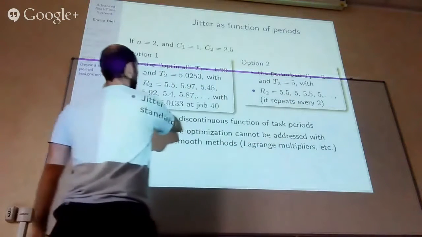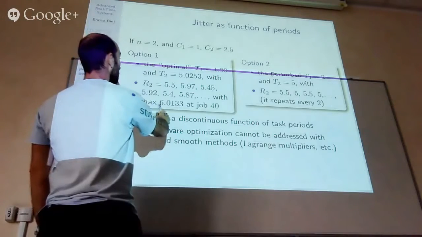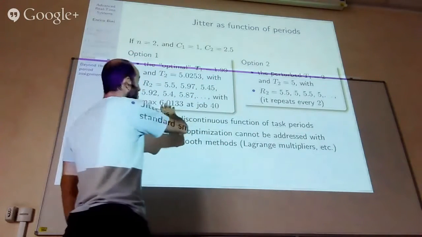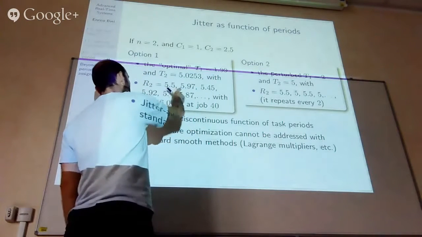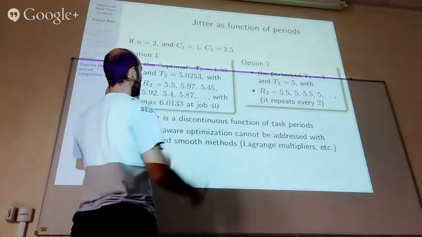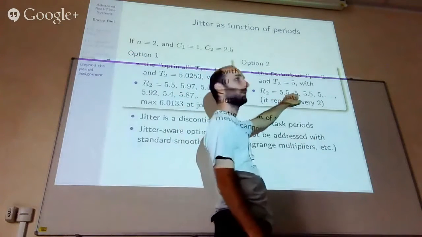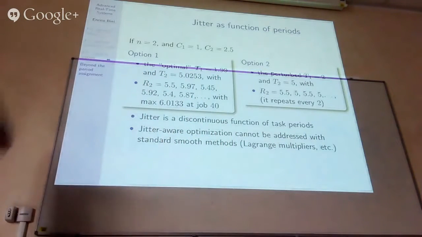Here it's close to 0.5, but the response time jumps, because the worst case response time here is 6 and here is 5.5. So you have a big variation of the response time pattern with a small variation of periods.